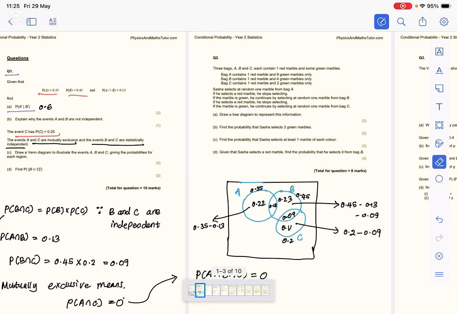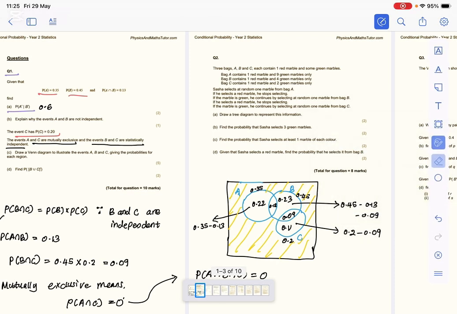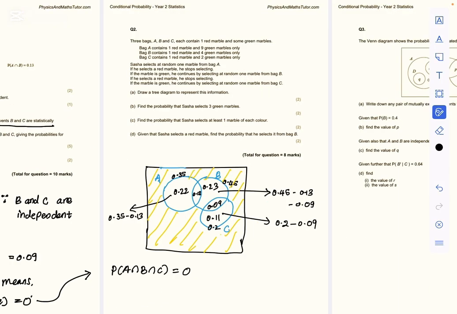Okay. Now, outside the circles, you have to fill that one also. The outside means the area that does not belong to any of the circles. The 0.2 should be on top of the circle C, so let me write it over there. It should be 0.2 here, and this is 0.11. Now let's look into the outside area.